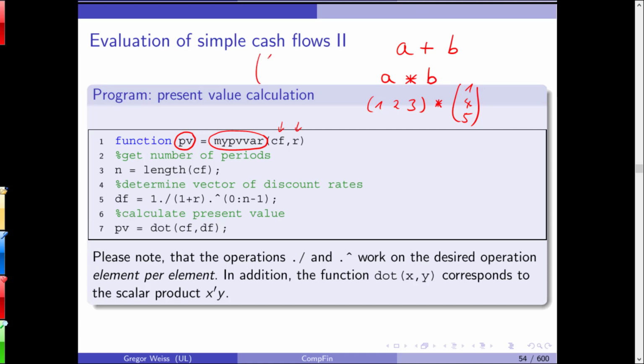If I were to take 1, 2, 3 and 2, 2, 2, I could also ask MATLAB to calculate 1 times 2, 2 times 2, 3 times 2, and I would get this new vector.